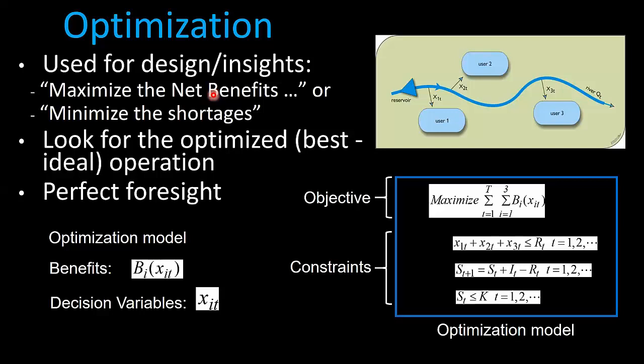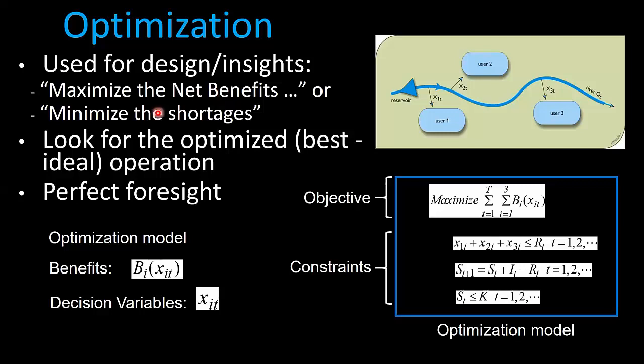Some of those can be expressed as dollar values, but some other ones cannot. So when we're talking about benefits, it is not necessarily a dollar value. It can be production. You can also include reduction in floods or a given health in the soils. There are different types of benefits that you can think of, water for the environment and so on, or minimize shortages. That will be another way.